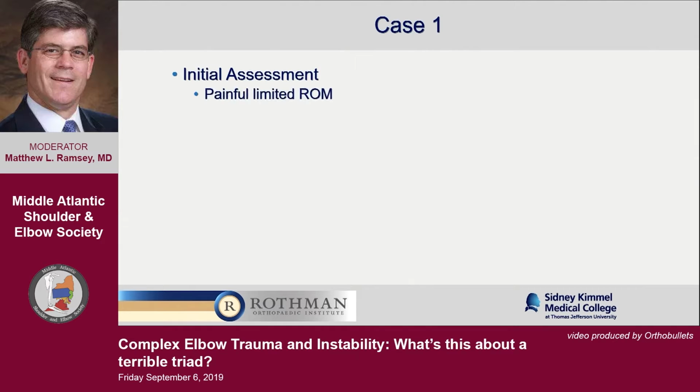I also want to know what's going on with the ulnar nerve, because there is a pretty high rate of ulnar neuropathy at follow-up in patients who already have neuropathy at presentation. Oftentimes we fail to document that, especially with a distal humerus fracture. You want to document in the chart what's going on with the ulnar nerve and other nerves.